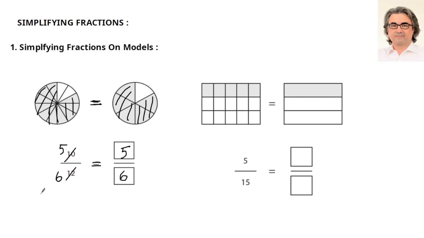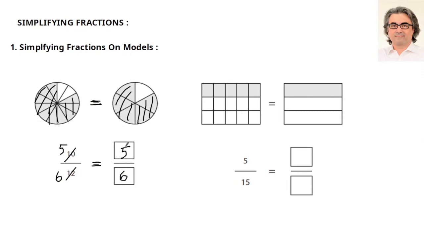So what is 2? What's the meaning of 2? As you see here, 5 and 6 are consecutive numbers, and there is no common divisor other than 1 for them. And 2 is the highest common factor of 10 and 12. We divided 10 and 12 by their highest common factor, 2, and we get the result 5 over 6, another fraction.